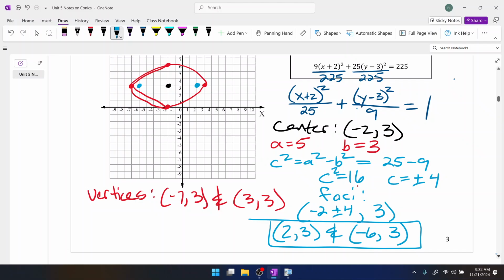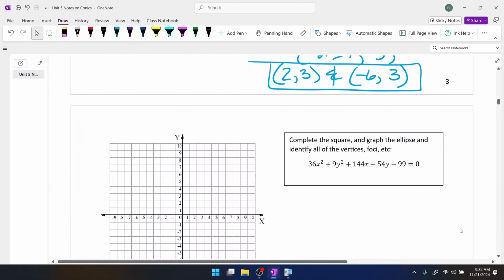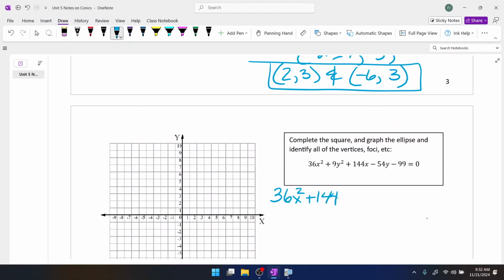Now, in the next one, we're going to have to complete the square. So, I love completing the square. Now, first thing you should do is move that 99 over. And let's put the x's and the y's together.